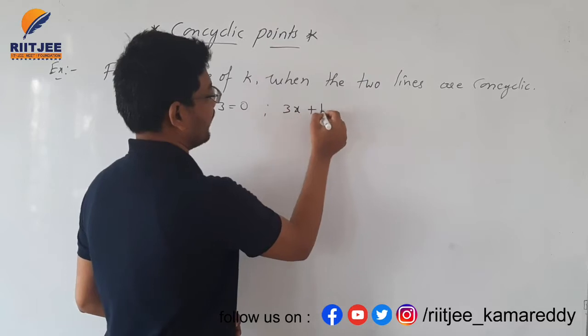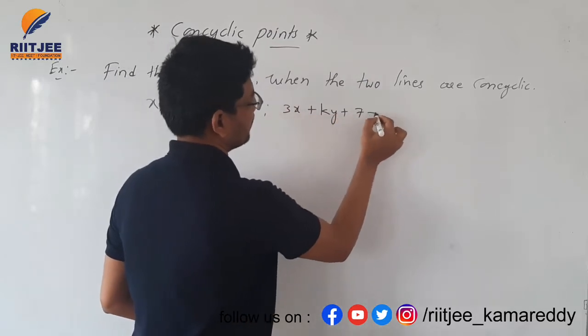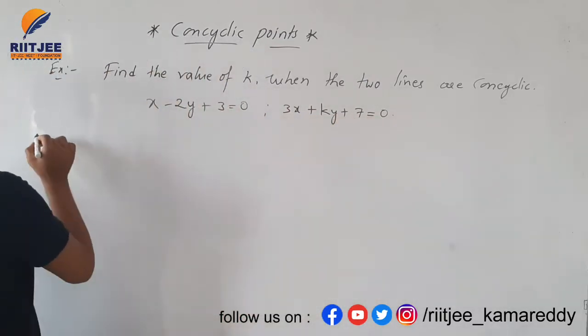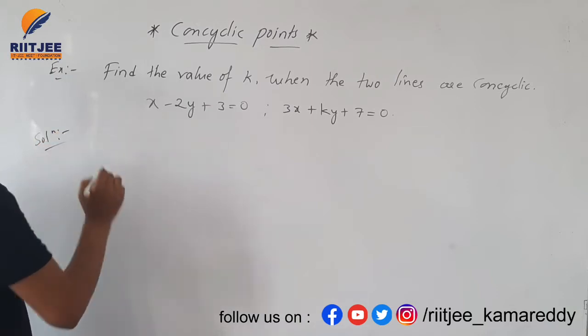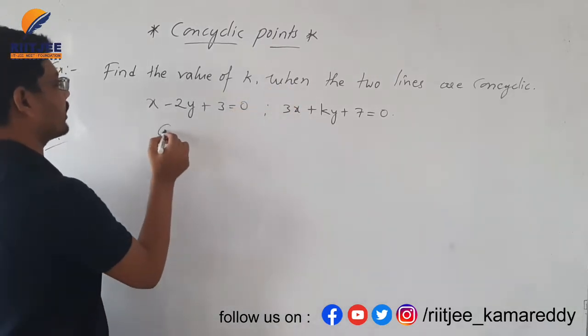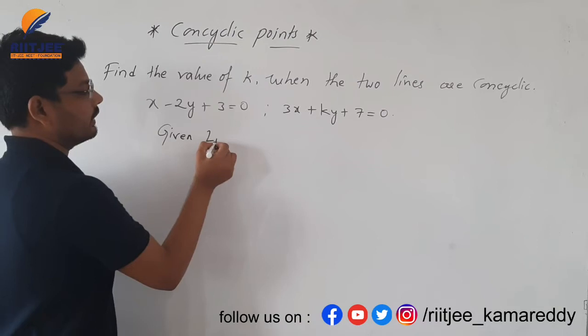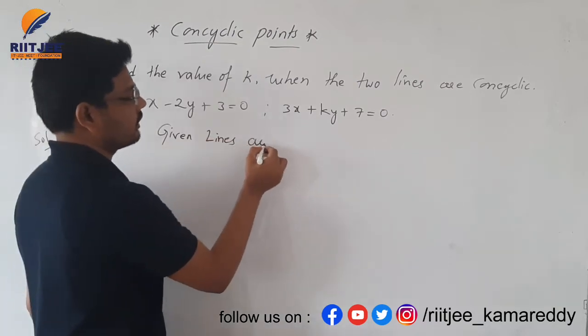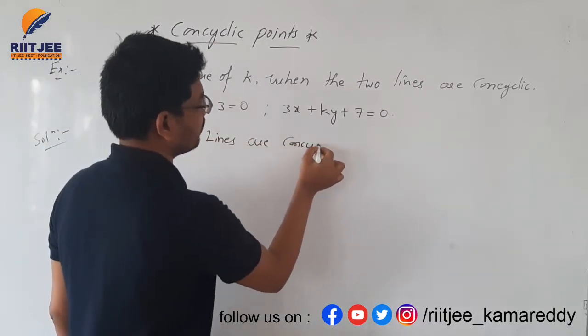These two lines are given, and they are concyclic. The given lines are concyclic.